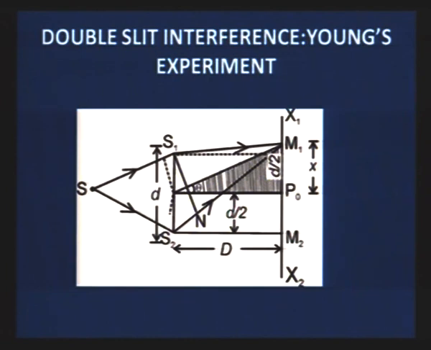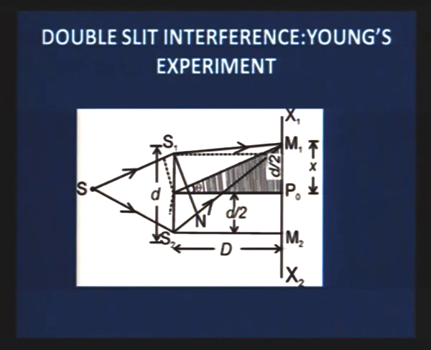and this experiment is designed by Thomas Young. Here one source is divided into two sources, and these two sources are coherent sources. These two sources are obtained by putting two slits S1 and S2, and the light coming from S1 and S2 gets superimposed at the screen placed at a distance capital D, and here the slit separation is small d.